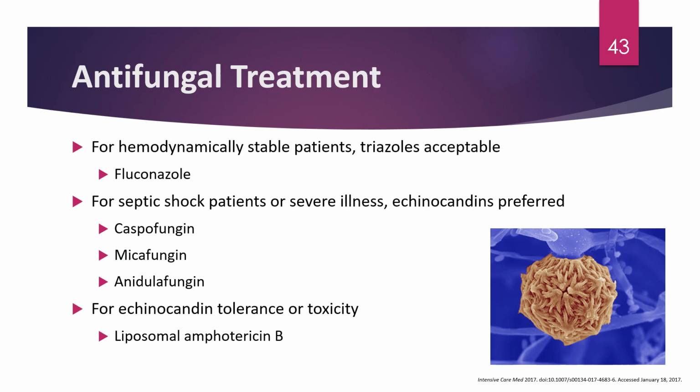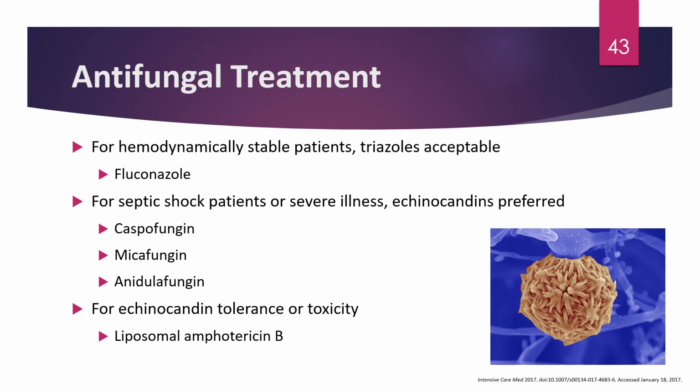Patients who are requiring fungal coverage either empirically or for a confirmed fungus or yeast. In patients generally, if they are hemodynamically stable, at least empirically, triazoles are usually acceptable to use like fluconazole, depending on the type of fungus it actually results as.